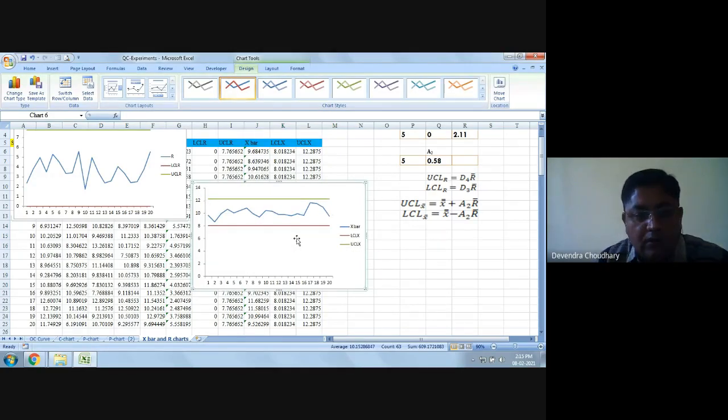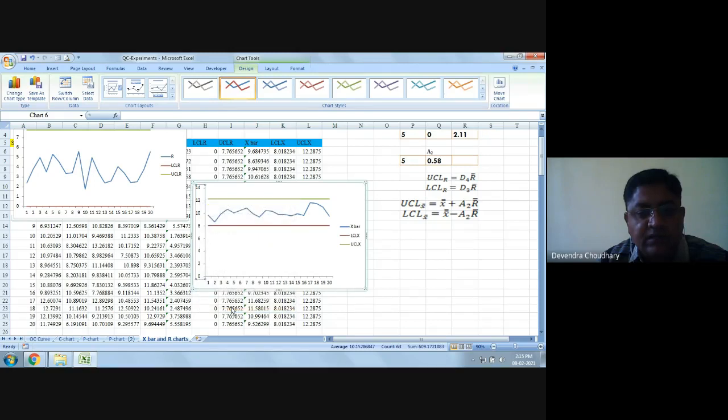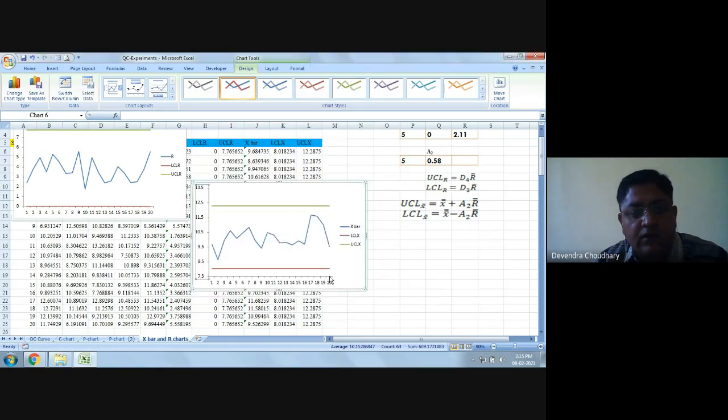Okay, I need to make some changes in this, particularly format axis, so that it starts from somewhat 7.5, and you get a clear chart like this.